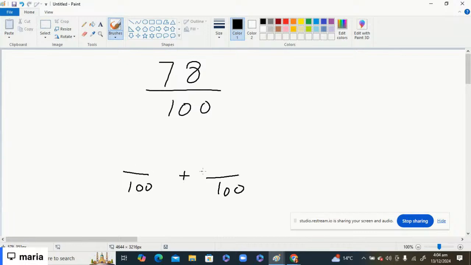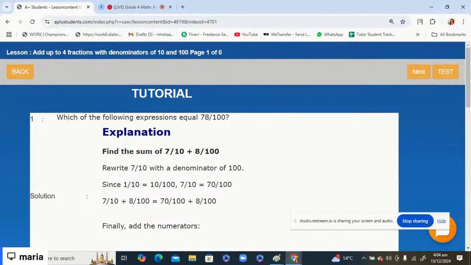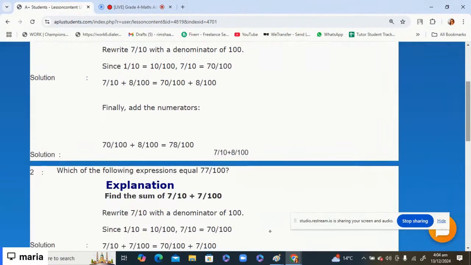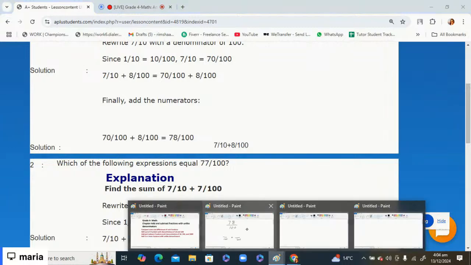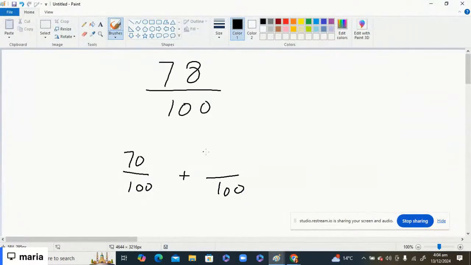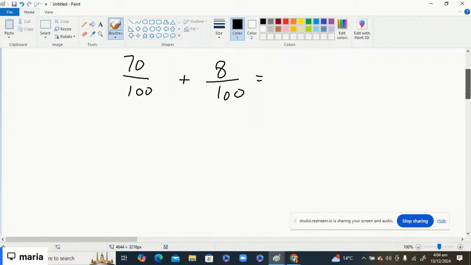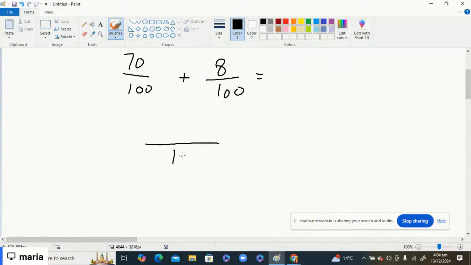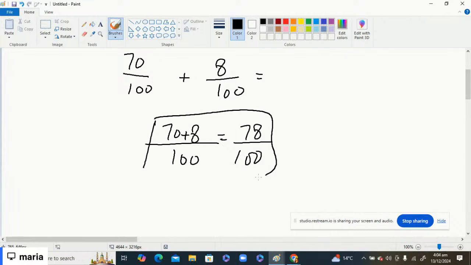So which two numbers put here give the answer 78? If one is 7 tens, that is 70, and the other is 8. So we put 70 here and 8 here. Then we put only one denominator and add 70 plus 8. This is 78 over 100.